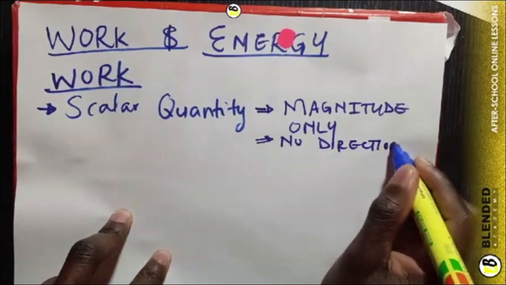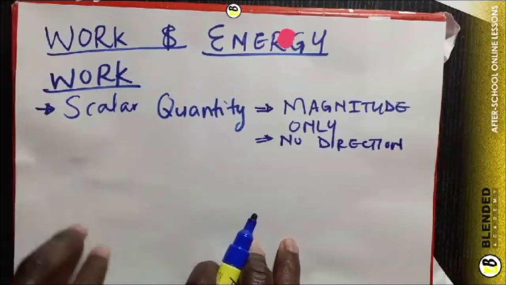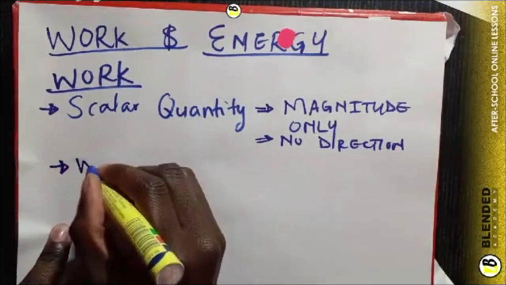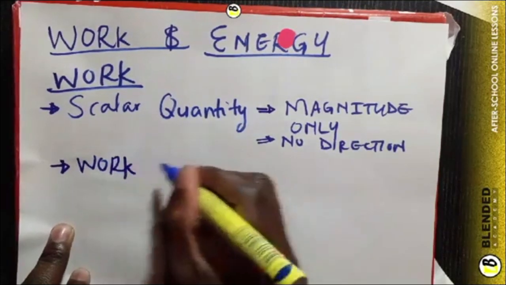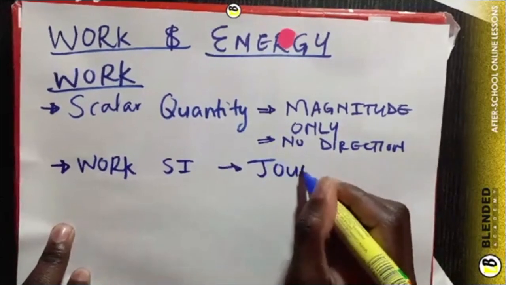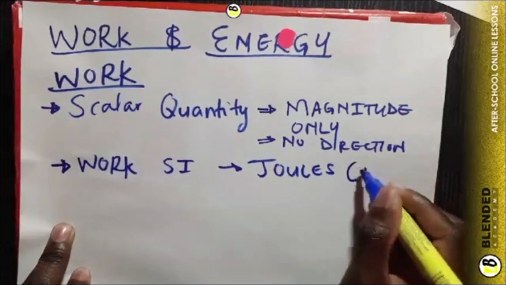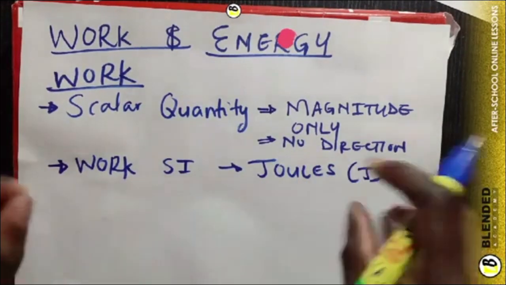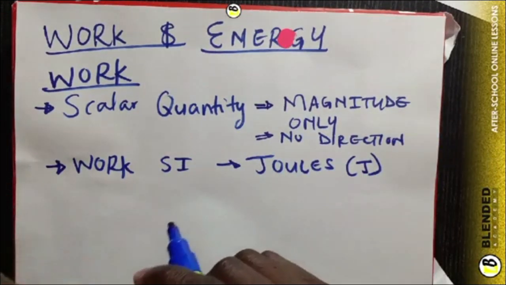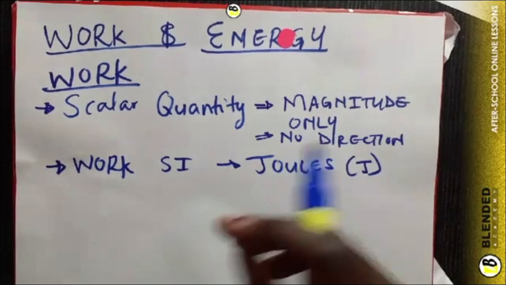No direction. You understand? And also the SI unit of work, which is also the SI unit of energy, is joules. So now guys, it's very important for you to put in your SI units when you're dealing with different problems involving work and energy, because there's actually marks for putting in your SI units.